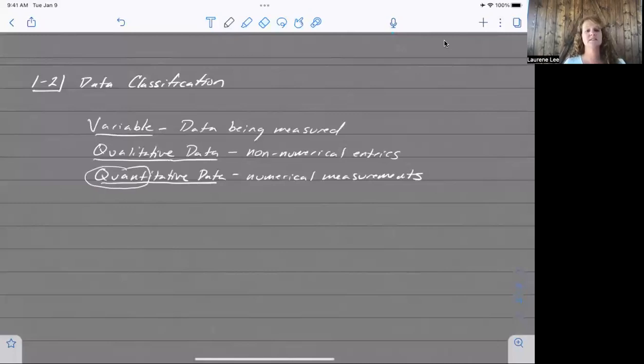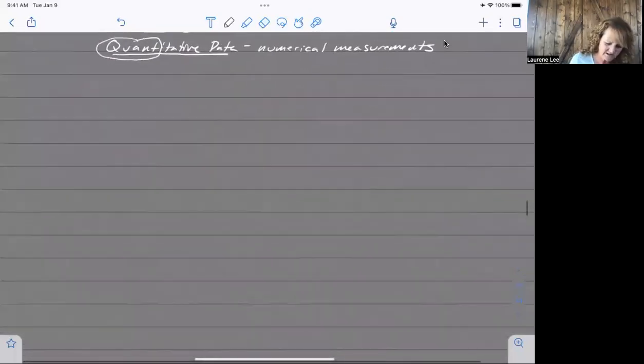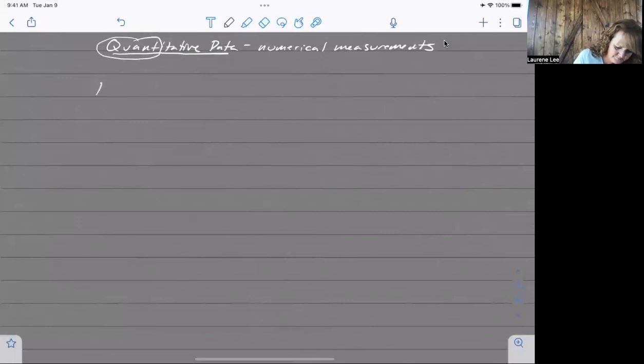Okay, now let's take this qualitative and quantitative and let's talk about the level of data. There are four different levels of data. The first is called nominal. Nominal data is only qualitative.